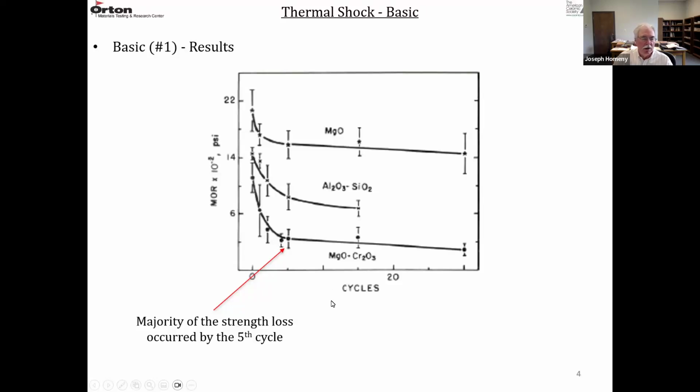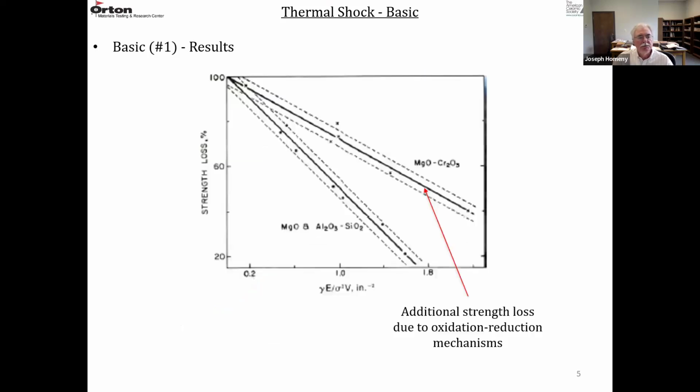So you're thermally shocking under the same thermal stress conditions. The cracks grow in from the surface a certain distance for that stress field. So that's why they level off. You'd have to increase the thermal stress to have more damage. So usually after 5 cycles, these level off.